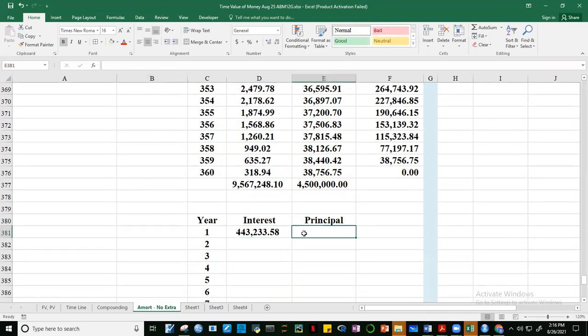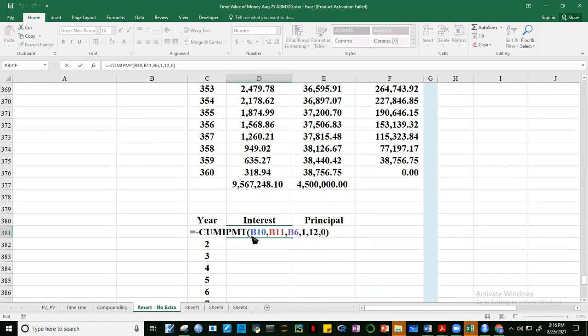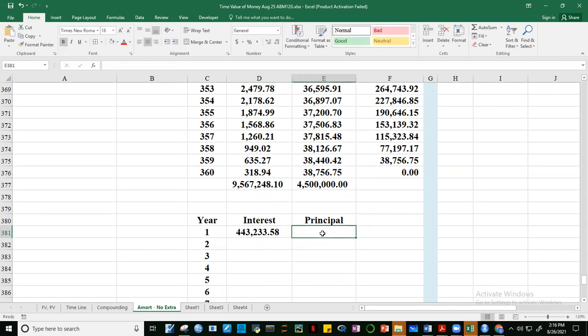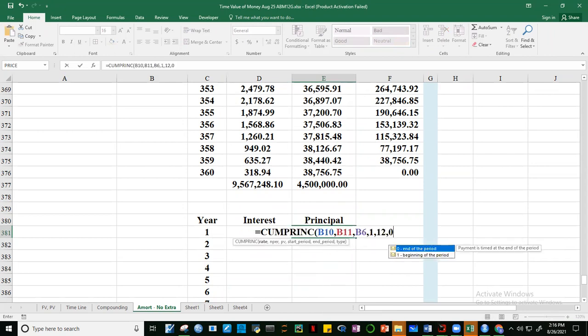443233.58. So magkano naman yung binayad natin sa principal? Cumulative principal payments. Okay, so andali, ako copyhin ko lang to. Control C is equal to cumulative principal, Control V. Okay, so this is the rate B10.